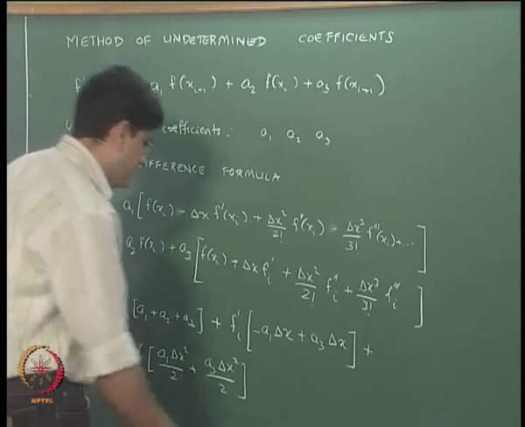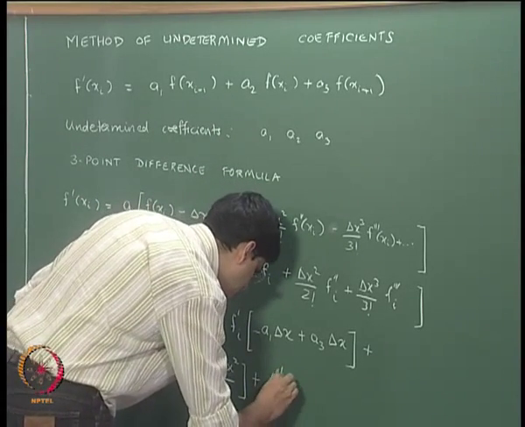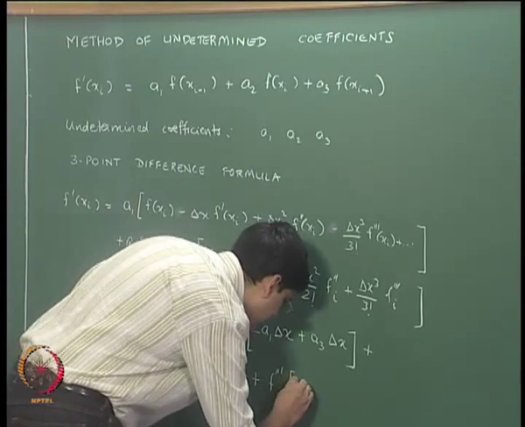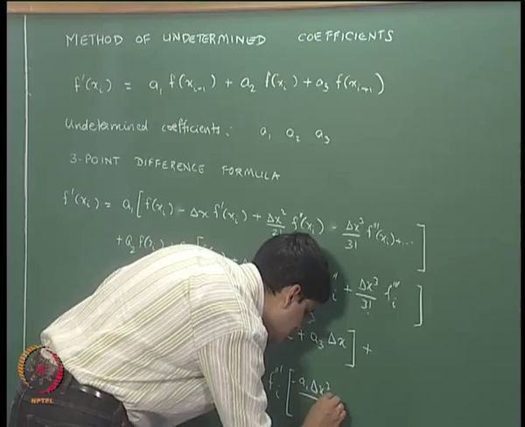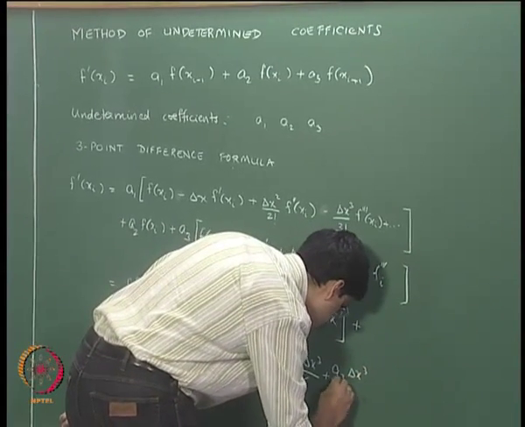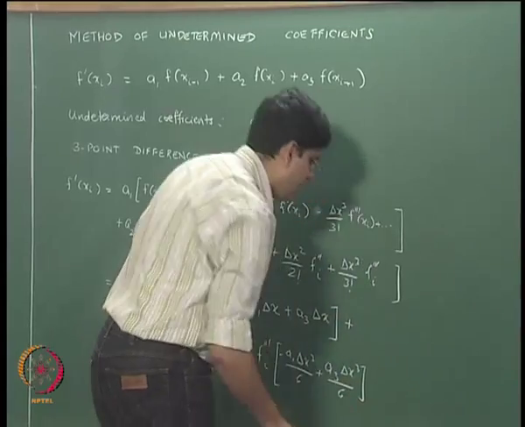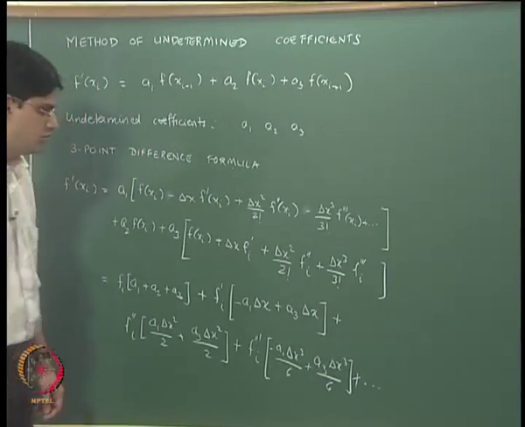Okay, and then we will have other terms, f triple dash of i, and there we will have minus a1 delta x cube by 6 plus a3 delta x cube by 6, and so on and so forth, plus dot dot dot. Okay.